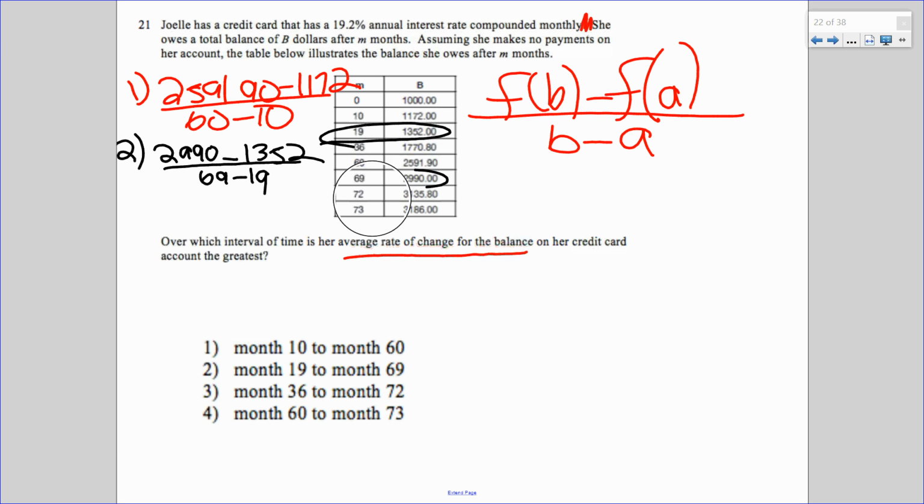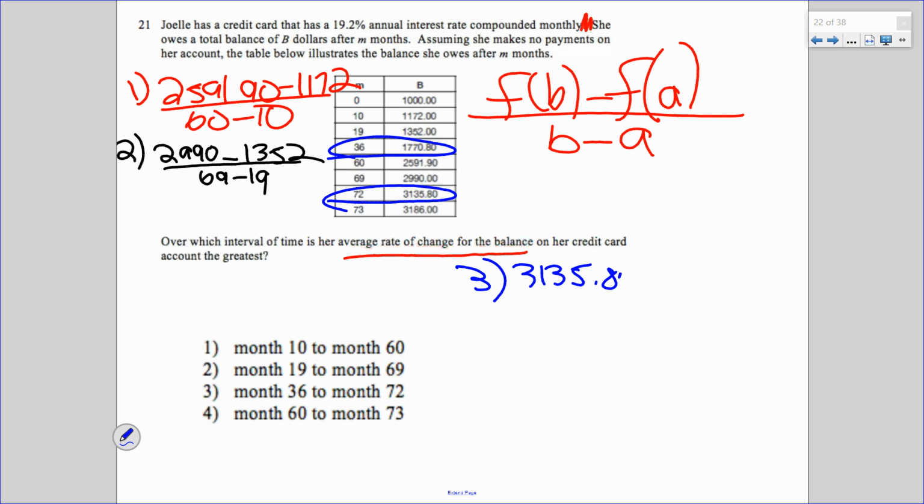Choice 3, 36 to 72: 3135 80 minus 1770 80 over 72 minus 36.